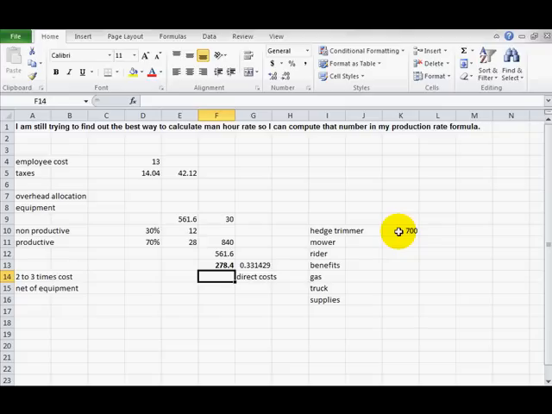So these are, again, your gas, your trash bags, your weed eater line, your different expenses that are incurred to go out and perform this $840 worth of work. So let's just say to do this work, you had, hypothetically, with gas, $100 in direct costs.